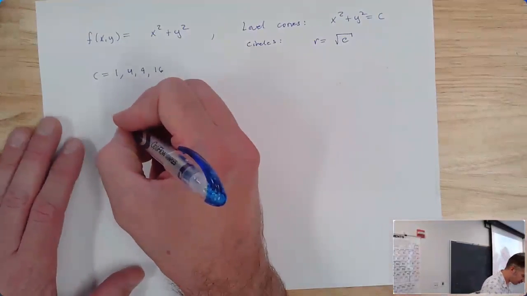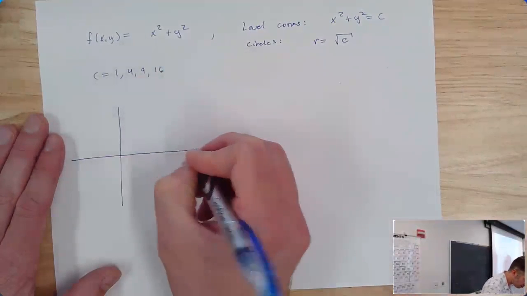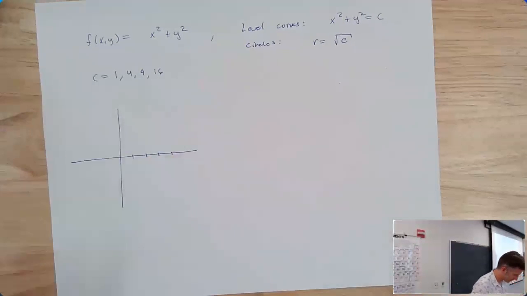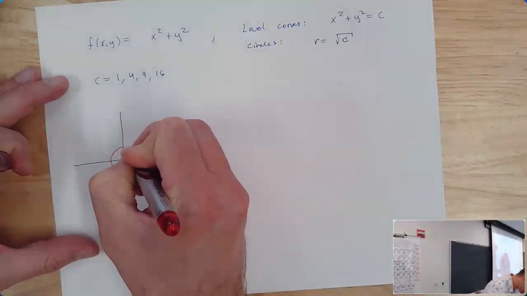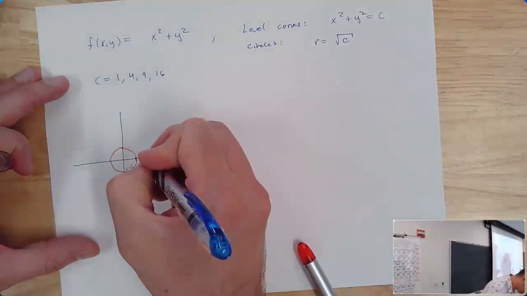So if we're going to try and draw the level curves here, let's try and do a good job. Alternate some colors here. Here's the level curve for c equal to 1. Here's the level curve for c equal to 2.